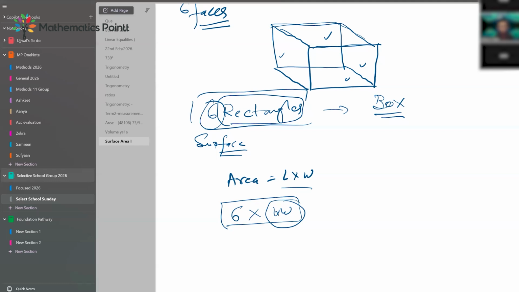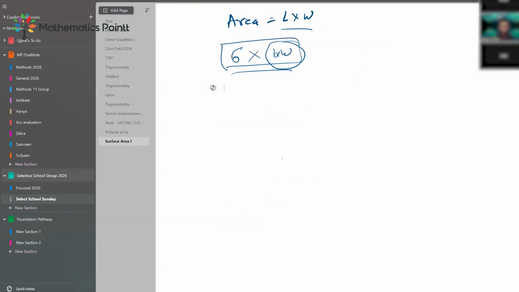This is how you measure the surface area of any particular 3D object. Now, this is not truly right, but from an understanding perspective, yes, you can. Now, why is this not right?